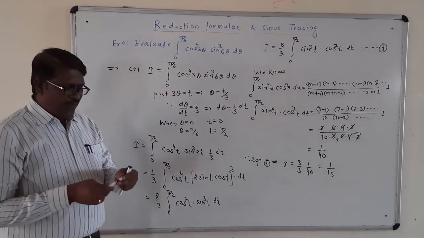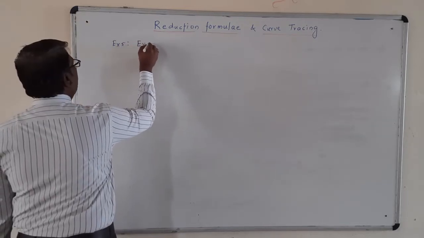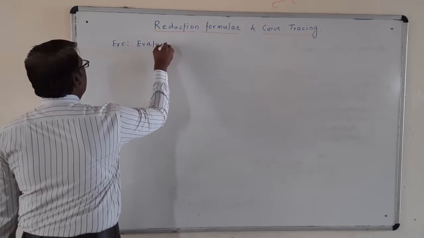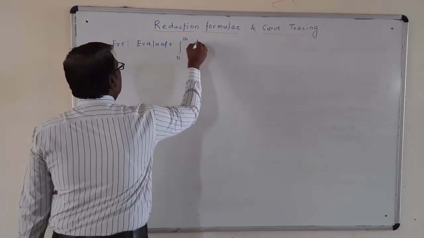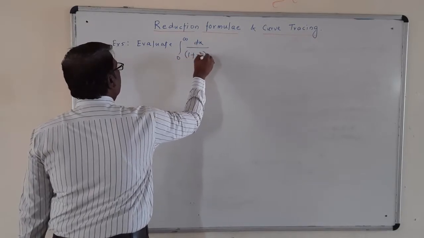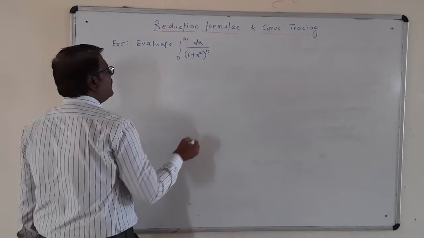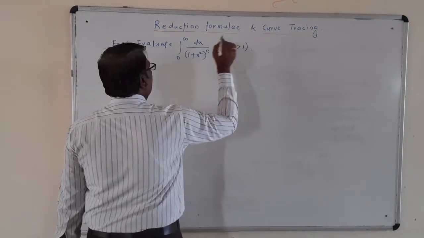Okay. So now we will evaluate the integration 0 to infinity dx upon 1 plus x square raised to n, where the value of n is greater than 1.